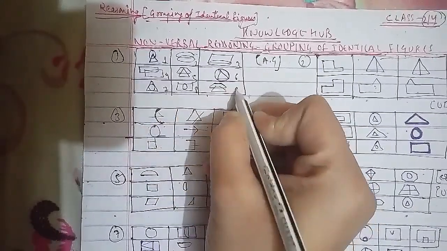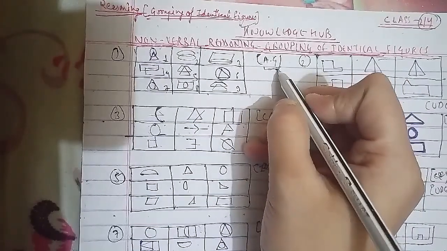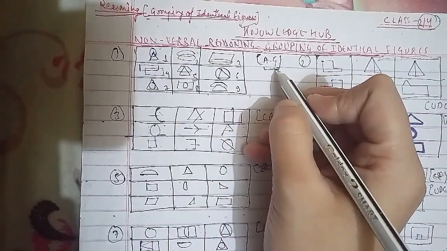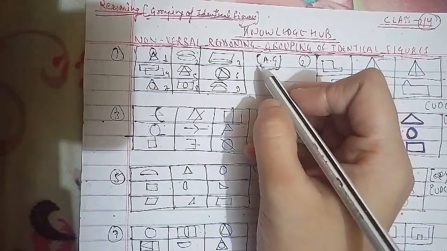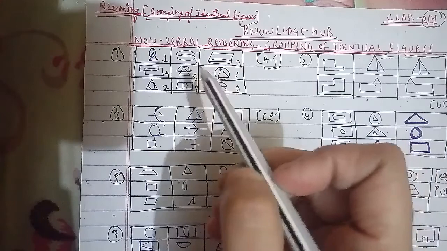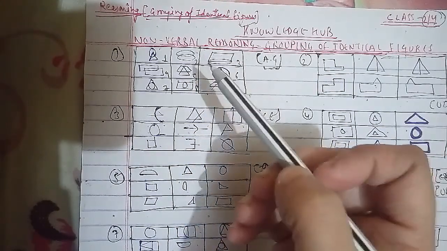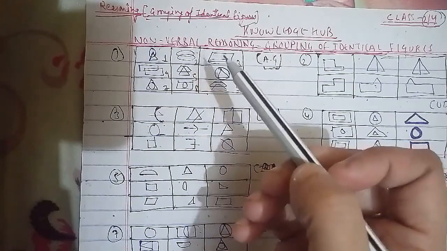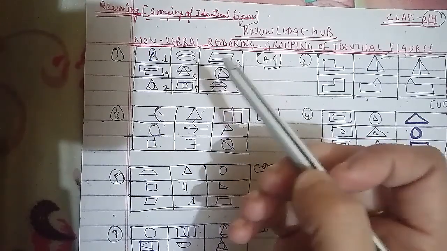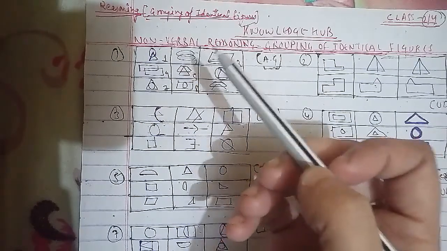The options are: A is 1, 5, 9; 2, 7, 8; and 3, 4, 6. Then the second option B is 1, 5, 6; 4, 7, 8; 2, 3, 9. C option is 2, 4, 9; 6, 7, 8; 1, 3, 5. D option is 3, 7, 8; 4, 5, 9; and 1, 2, 6.